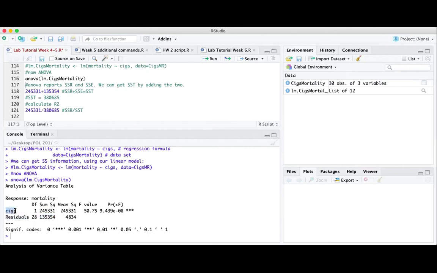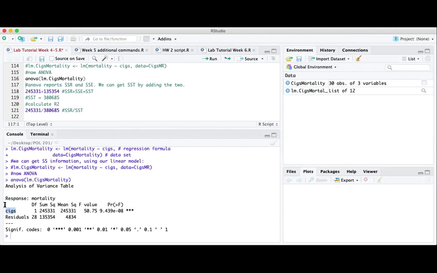And here you are given your model. Cigarettes, that is your model, right? Because remember, our model is made up of a single X variable, and that X variable is cigarettes. So this is our regression model.